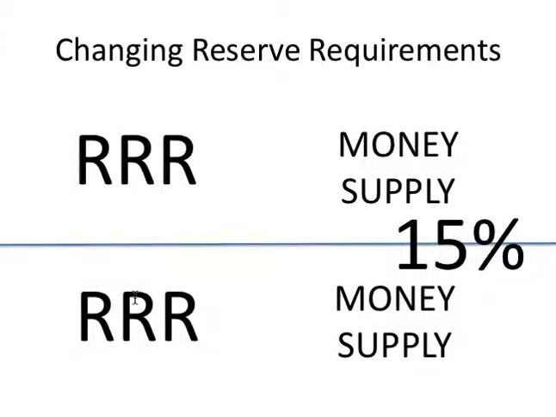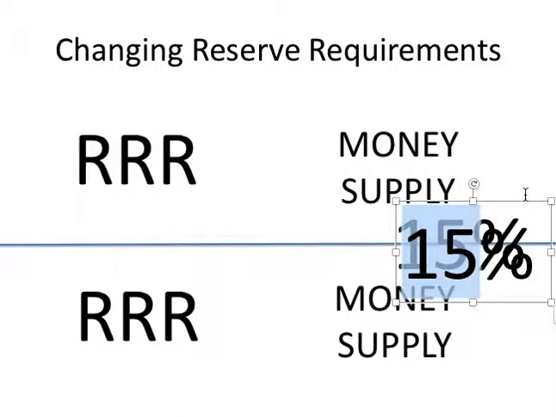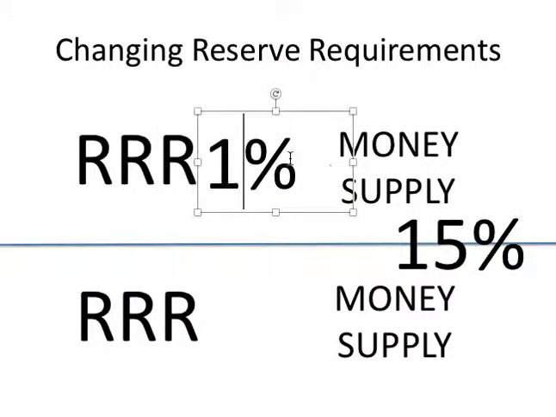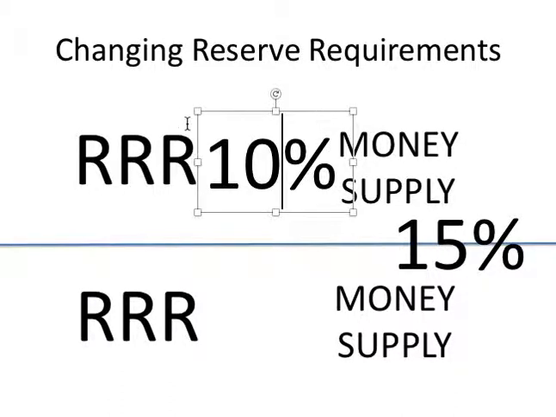But what happens if we find that the economy is heading towards a recession? If it's heading towards a recession, that means that there is less money available. So what they could actually do is decrease the required reserve ratio for the banks.